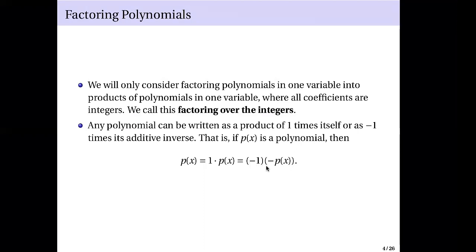Negative multiplied by negative becomes positive, so you will get p of x. And this is the most obvious factorization, but we will not consider this type of factorization. We want a more, say, difficult, quote unquote, factorization, because this is the trivial factorization.